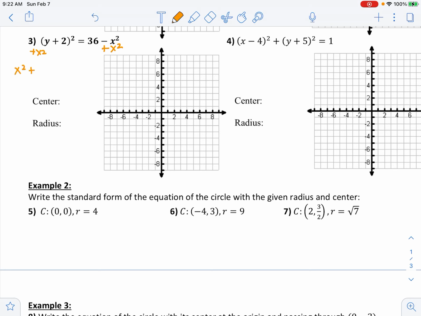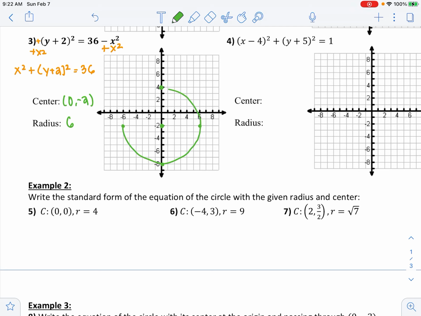So now you have x squared plus, because we added it, and this is positive right here, y plus 2 quantity squared equals 36. Now it's a nice easy one. So your center is 0, negative 2. Your radius is 6. 0, negative 2, and then down 6, up 6, right 6, left 6.